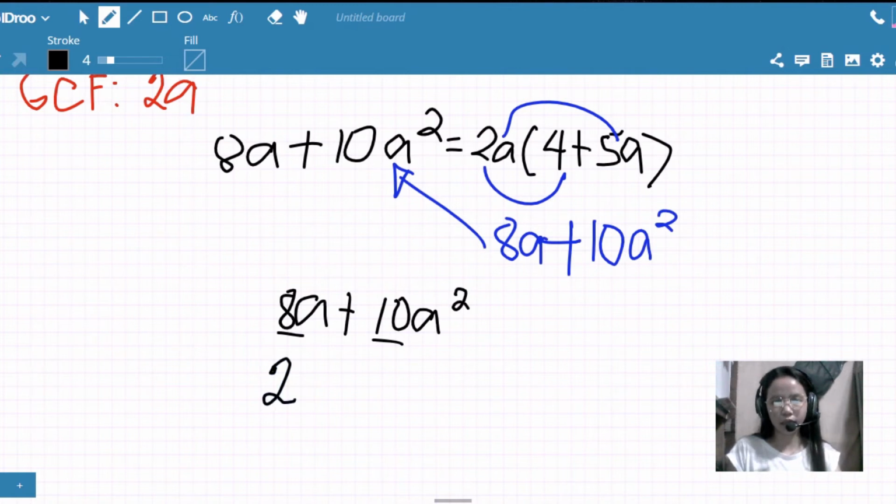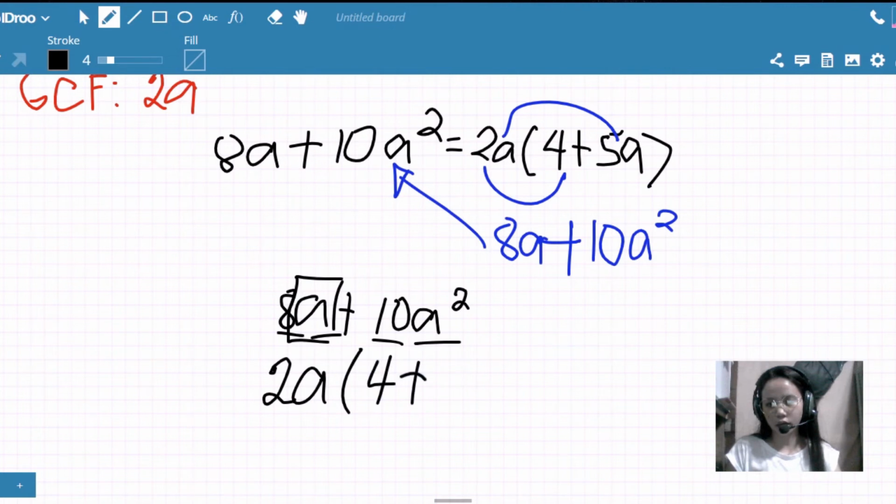And then for a and a squared, simply select the one with the lowest exponent, which is simply a. Then again, proceed to the next step, which is dividing both terms by your GCF, which is 2a. And based on our solution a while ago, we will obtain 4 and 5a.